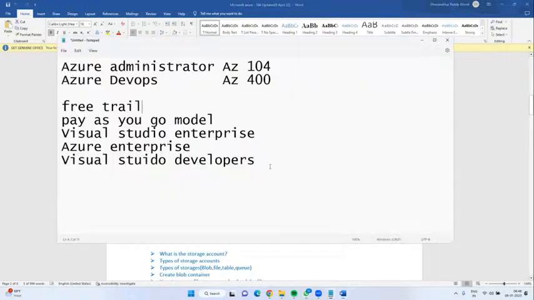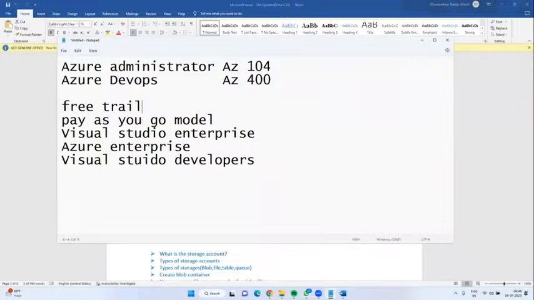Next, what is the advantage of these subscriptions? One organization may have n number of subscriptions. Please remember, there are bullet points. I could see around 30 plus subscriptions in my project.